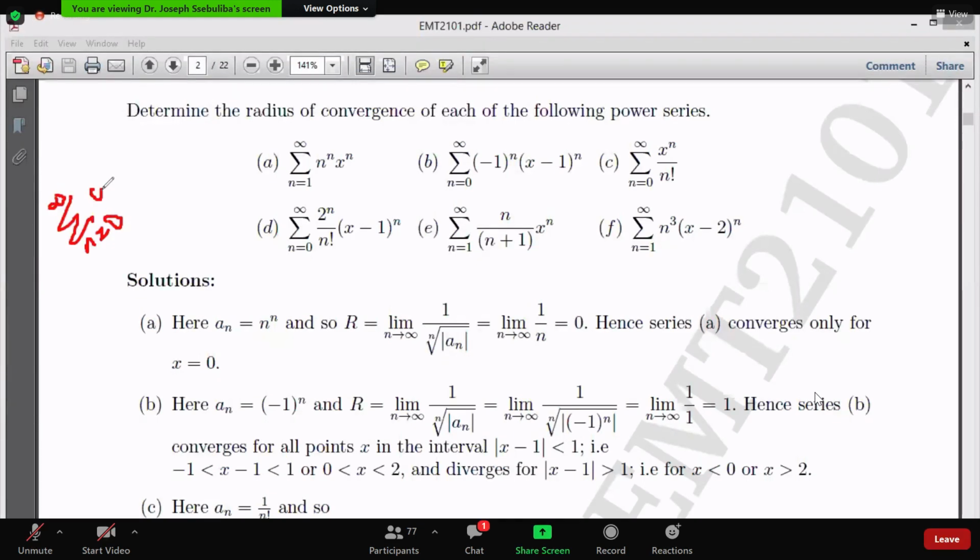And this is a n. This is x minus x naught to the power n.